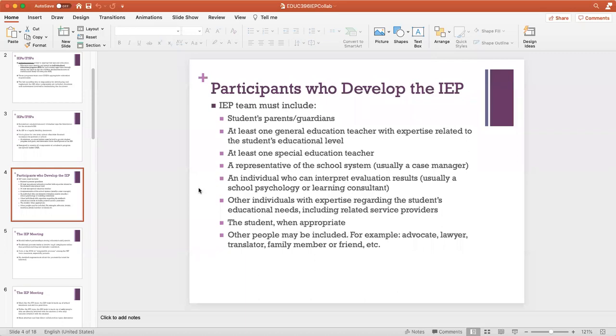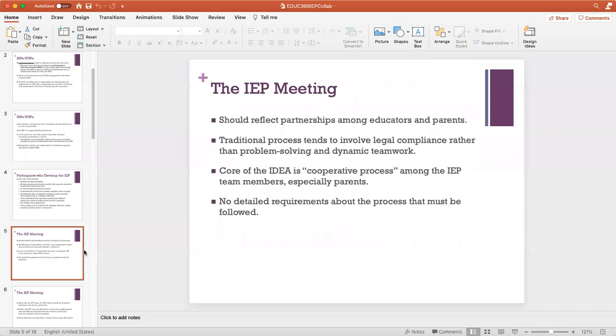So with all these people at the IEP meeting, with a different charge than those in the RTI meeting, there's a different level or different type of collaboration that is going to need to occur.